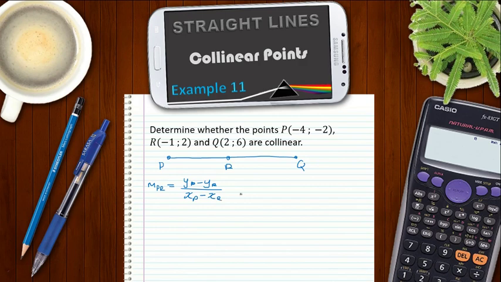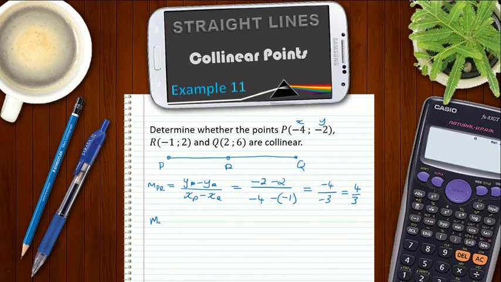If I substitute in those values, where this is my x and my y for P, and same for R, then y for P minus 2 over minus 4 minus negative 1. If we simplify this, it gives us negative 4 over negative 3, which is just equal to 4 over 3. Alright, now let's find the gradient of RQ.